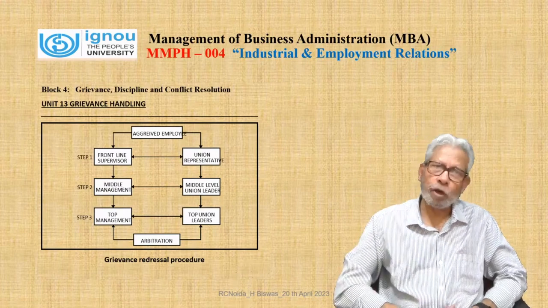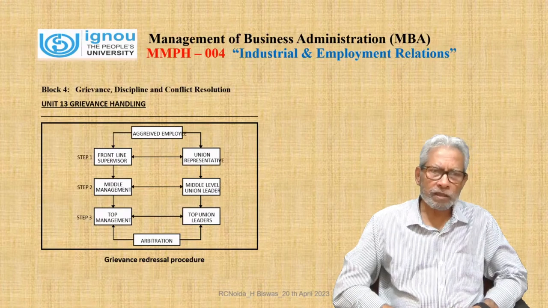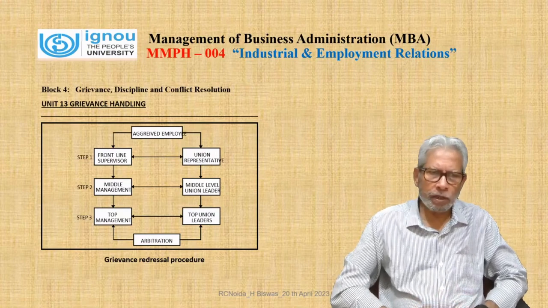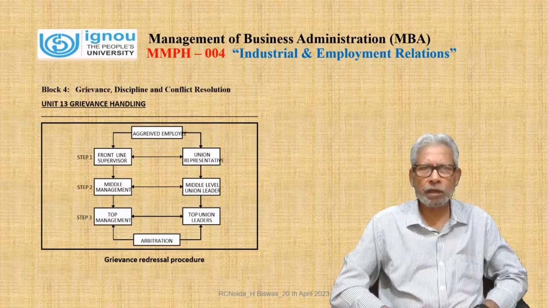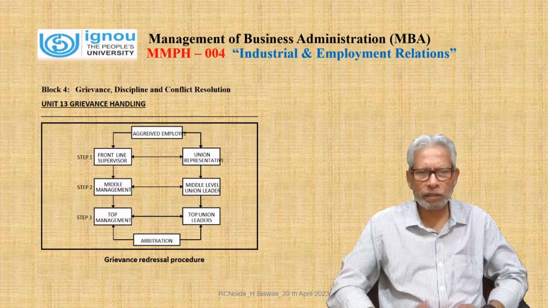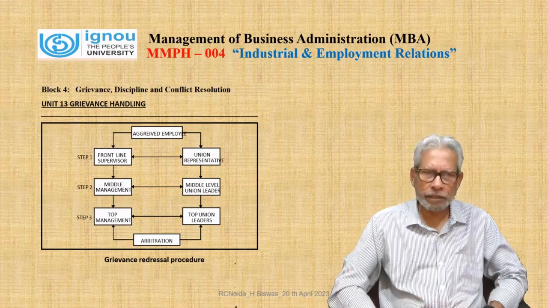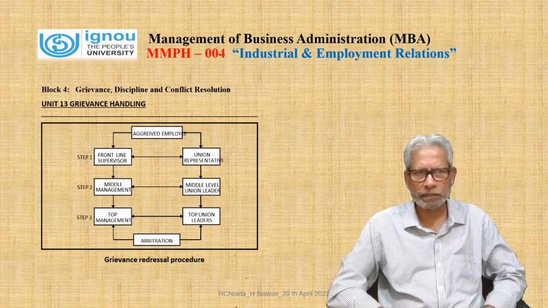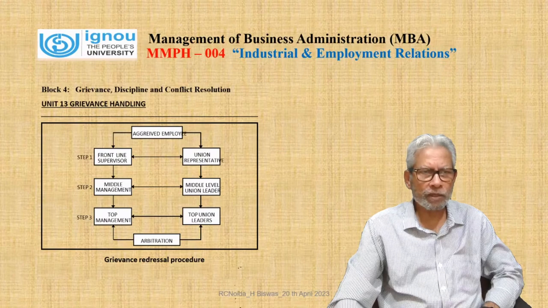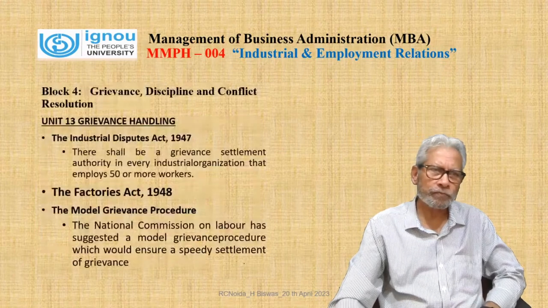Then the third step is top management and the top union leaders. Everything is then a part of arbitration, when things go out for resolution. Before that, these are the procedures. So in the redressal process there are many steps, and the flowchart is given.